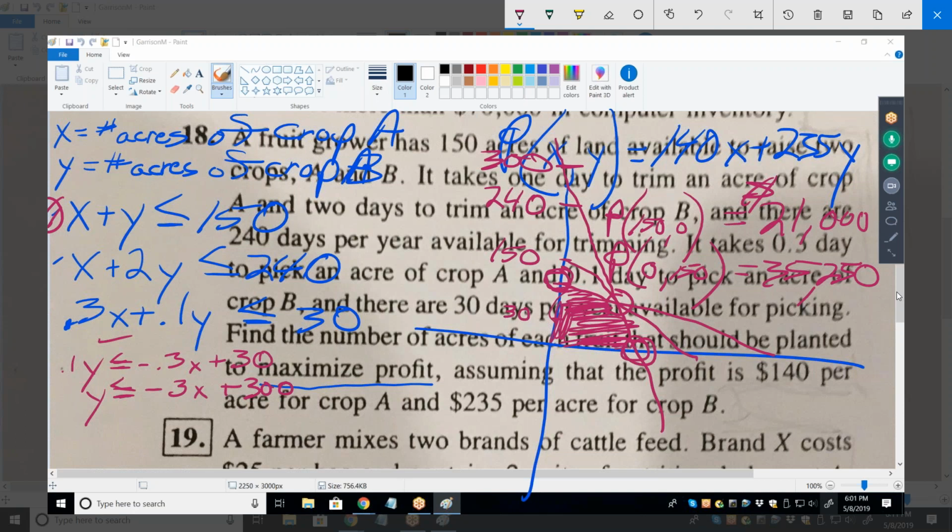Now, tough part. So there's a possibility that there are two intersections, at least. I've drawn it such that that line goes through the same intersection point of the other two, and that's not likely. So we can just do a system of equations for the two. Let's assume that that steep line, the line that has the slope of -3, doesn't go through the intersection of the other two.